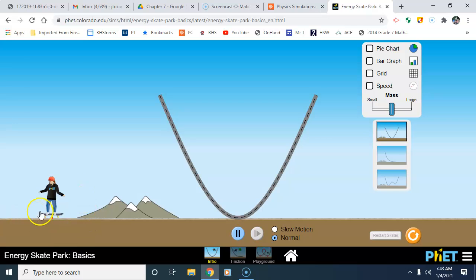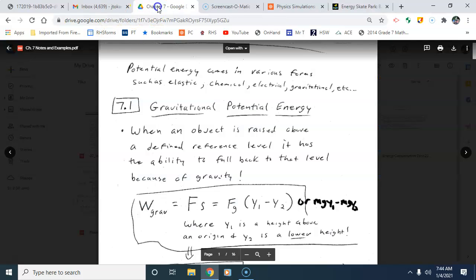But we learned last unit that if the force doing work is in the opposite direction of the displacement, but still on the same axis, then we consider that negative work, right? So this hand does positive work to get her up to here. While that's going on, gravity is doing negative work as I'm lifting her up to here. Okay? So we need to review and understand that to understand what gravitational potential energy is.